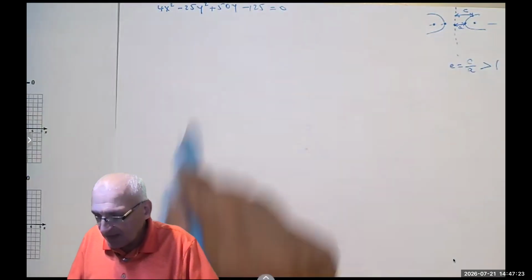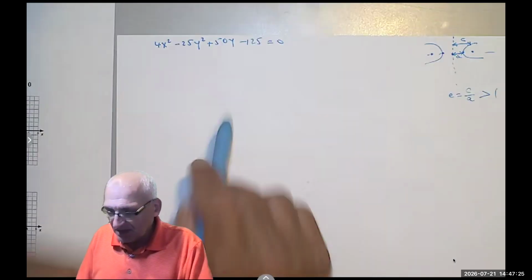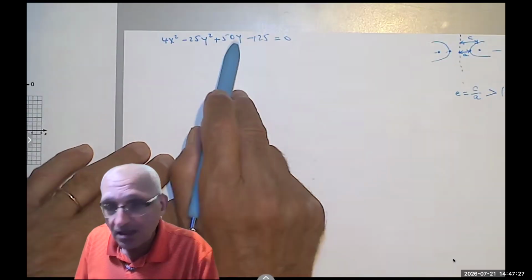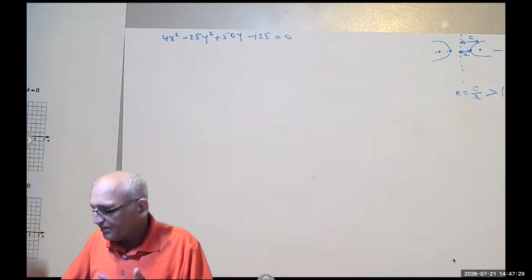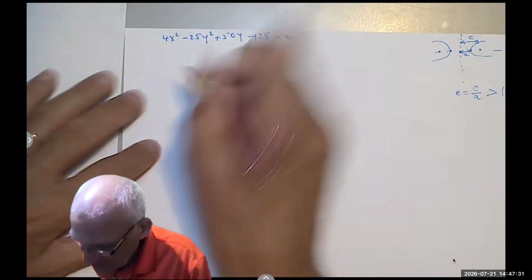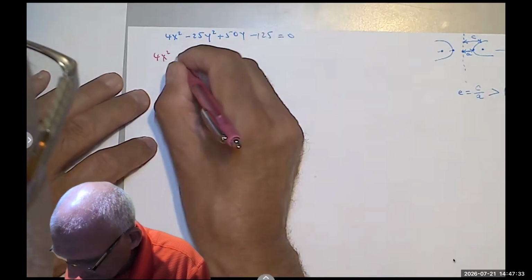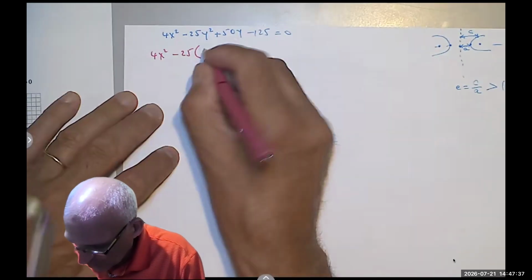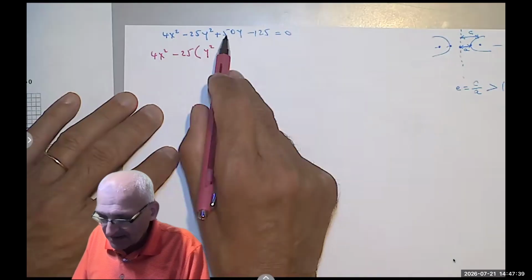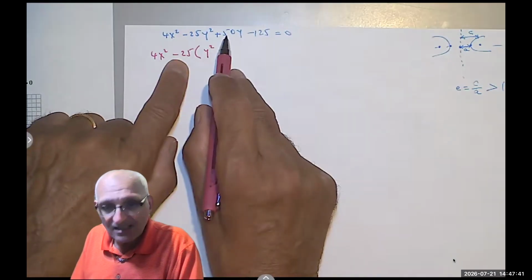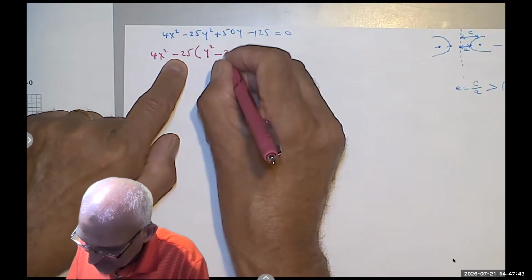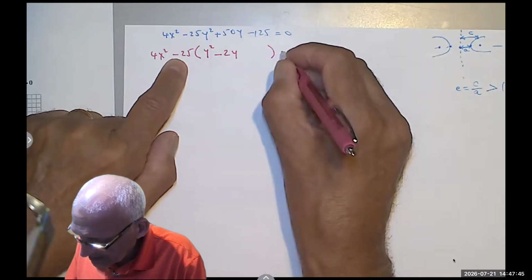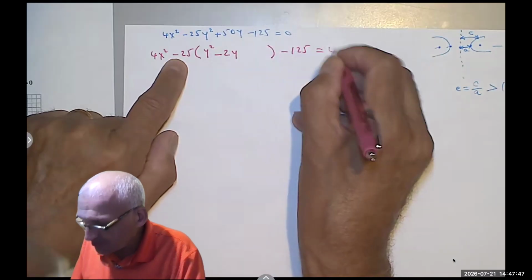So this one, the y's are not written as a square, there is a y component, meaning I have to complete the square. So I'm going to say 4x squared minus 25, and then I'm going to open a parentheses. I'm going to say y squared. There's a 50, but I factor out negative 25, so this is negative 2y, minus 125 equals 0.